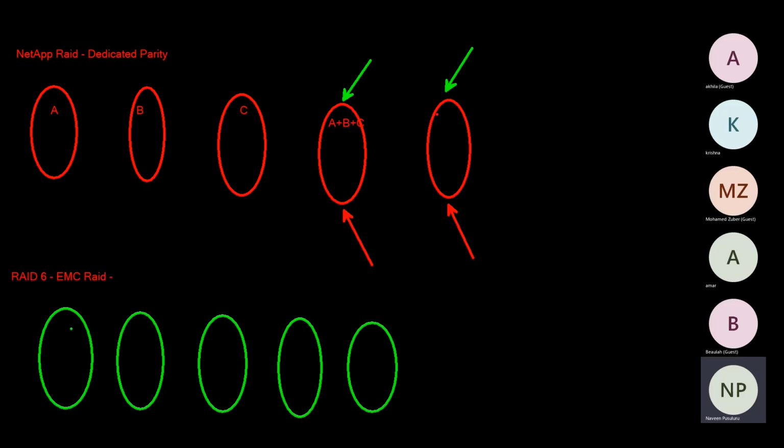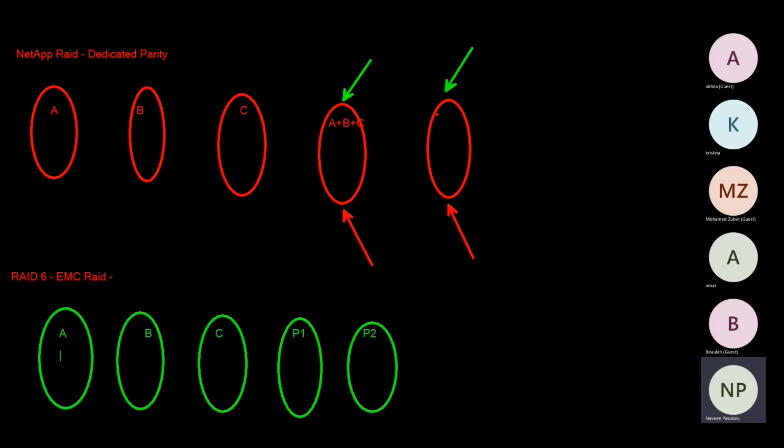But when it comes to RAID 6, let's assume that A, B, C are the data. I'm not going to do calculations. Let's assume this is P1 and this is the second parity, P2. Parity 1, parity 2.